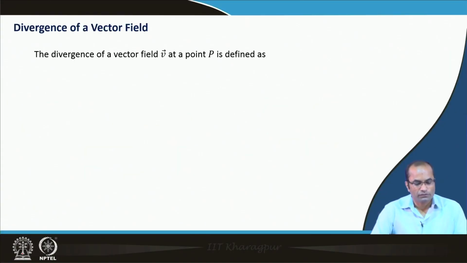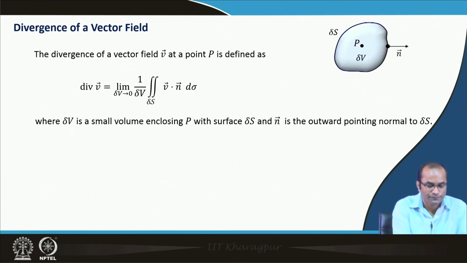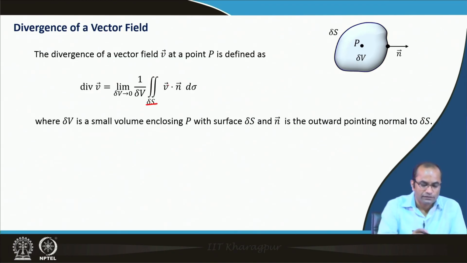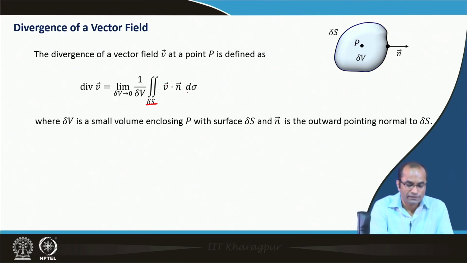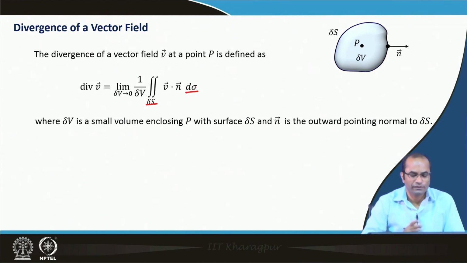The divergence of a vector field V at a point P is defined by this integral, which is actually a surface integral. This is done on the surface here, this delta S, and this V dot n. This is a surface integral, which we will learn extensively a little later, but today a very special case of this we will handle with the help of the knowledge which we have gained in integral calculus.